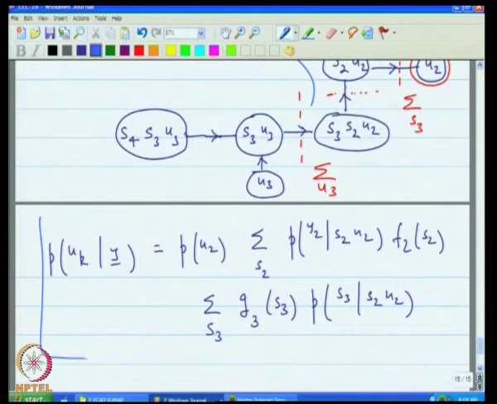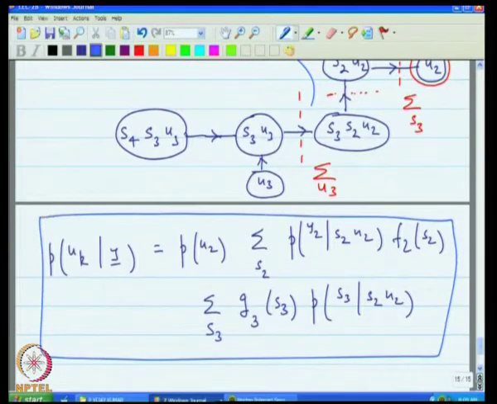This also can be given a simple interpretation, but we have just 1 minute left.